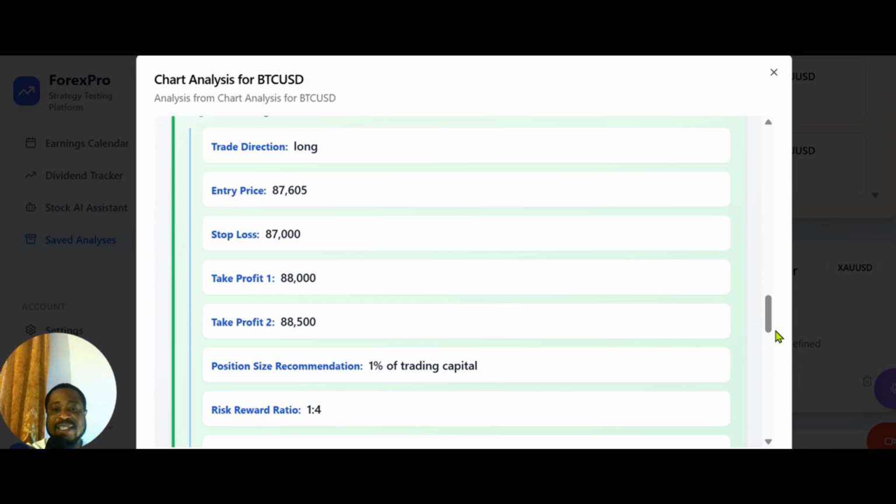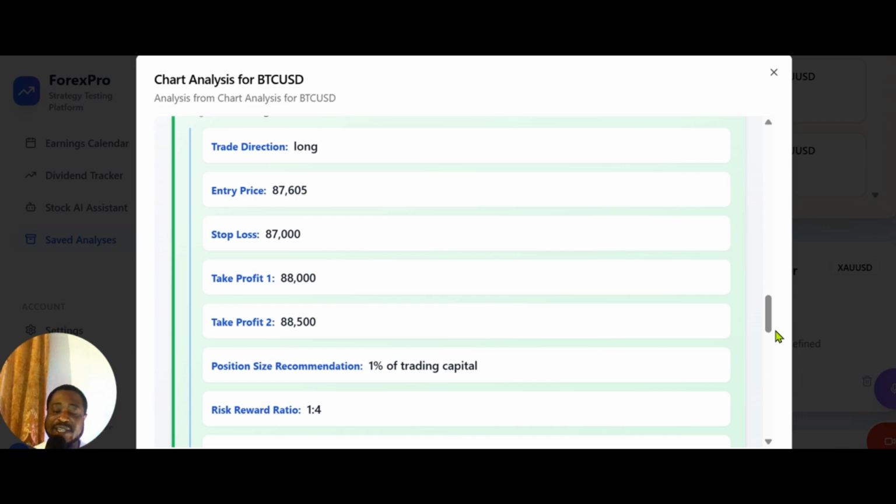This is dynamic, it doesn't stay at 1% all the time. Sometimes it can tell you to trade 2% of your capital, depending on the reason behind the trade, or how the AI sees the trade. If it sees a potentially high probability trade, it will give you maybe 3%. It will tell you to trade 3% of your capital.